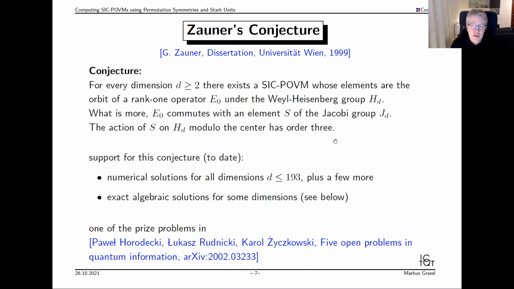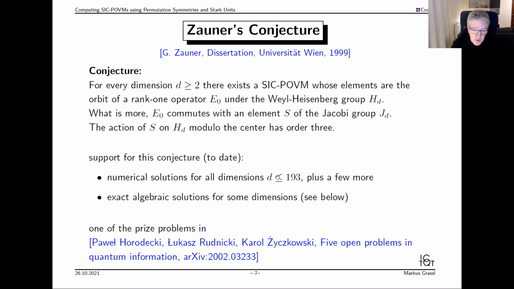He also gives a particular symmetry element, which I label S here, which has order 3. This element also has the nice property that it cuts the d-dimensional space into 3 essentially equal parts, so that reduces the dimension to 1/3.